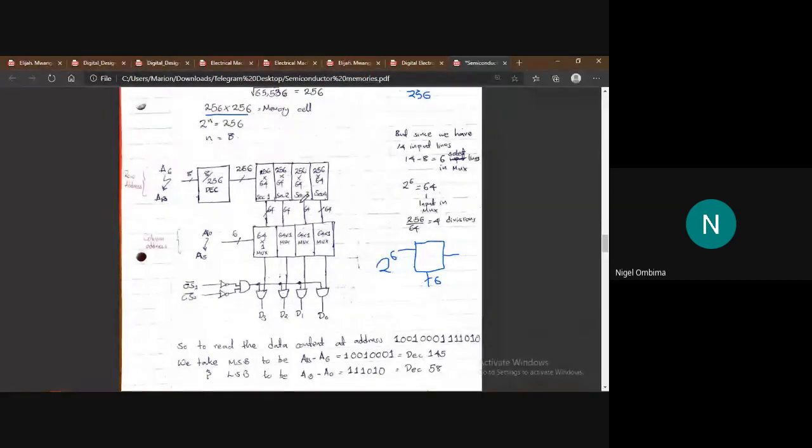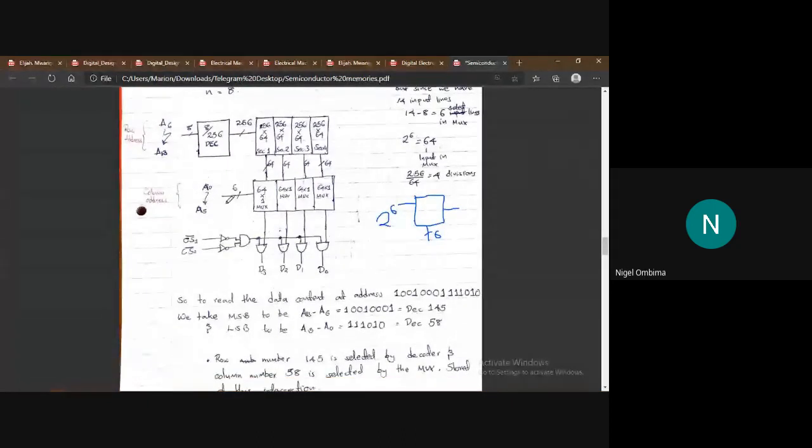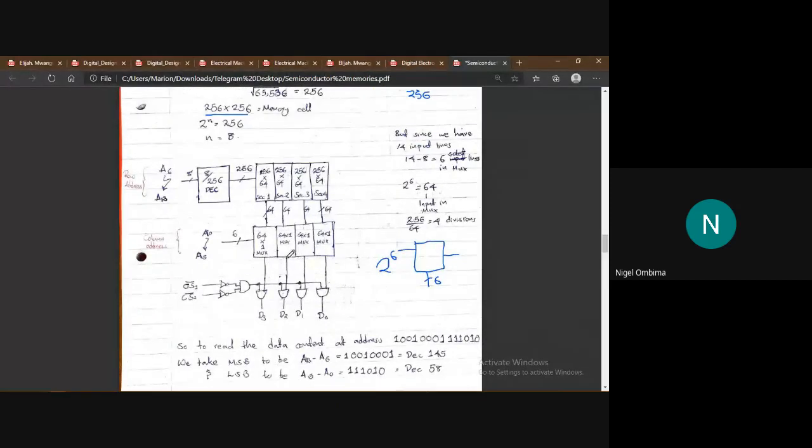So the output goes to each multiplexer, and the select lines of the multiplexer are common to every multiplexer here. So that gives us the 6 we got above. Each multiplexer now, remember there are 4 multiplexers.